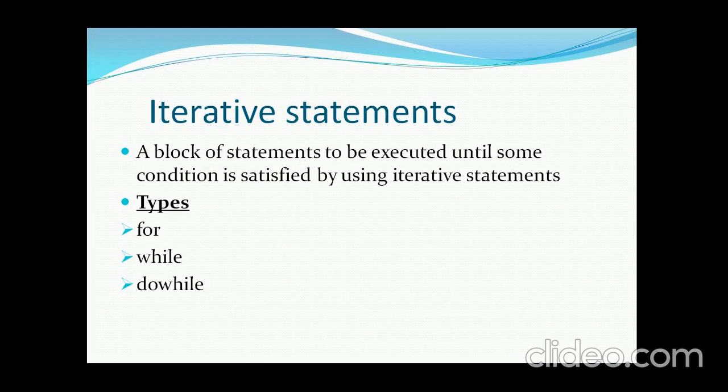What does iterative mean normally? Repeating. Iterative means repeating. A block of statements is executed until some condition is satisfied by using iterative statements. That means a block of statements is executed repeatedly with the help of iterative statements. We have different types of iterative statements: for, while and do while.